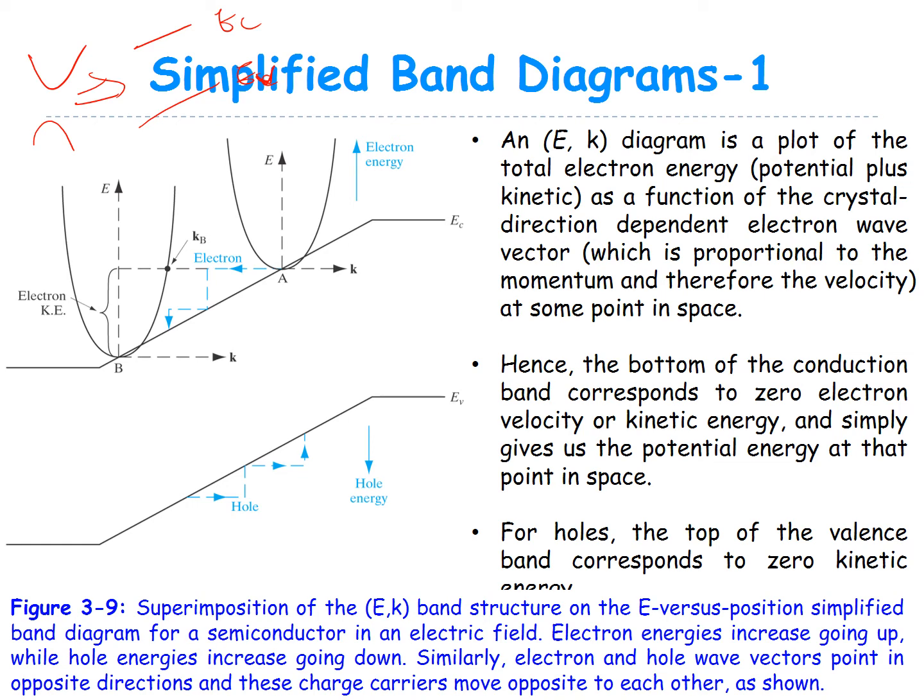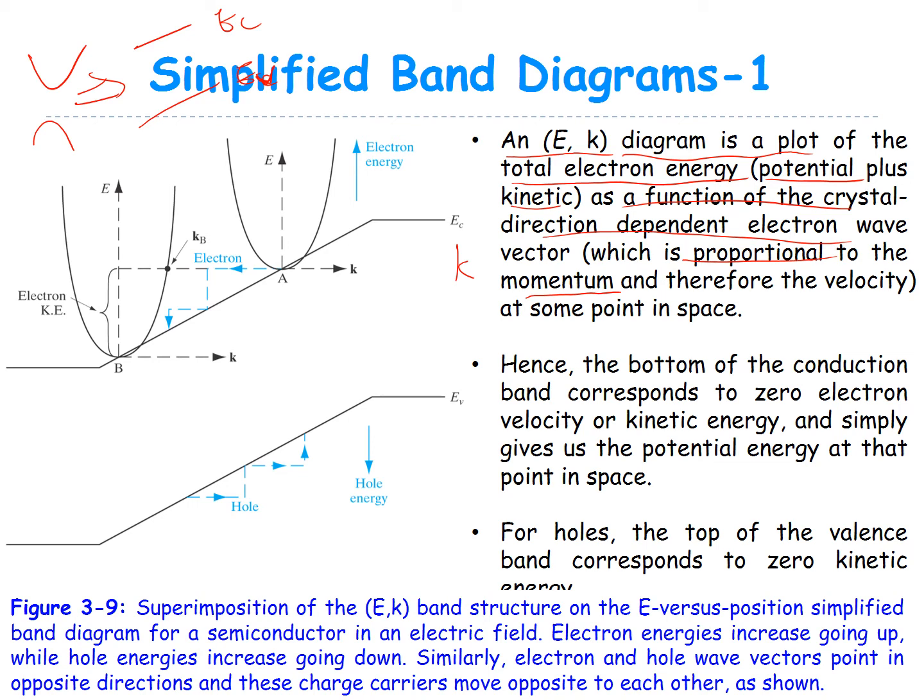To do this, we have to understand that an E-k diagram like the one we discussed in the previous slide is a diagram which plots the total electron energy, and by total we mean potential plus kinetic, as a function of the crystal direction, the electron wave vector, that's our k. And this k is proportional to the momentum, and therefore the velocity at some point in space.